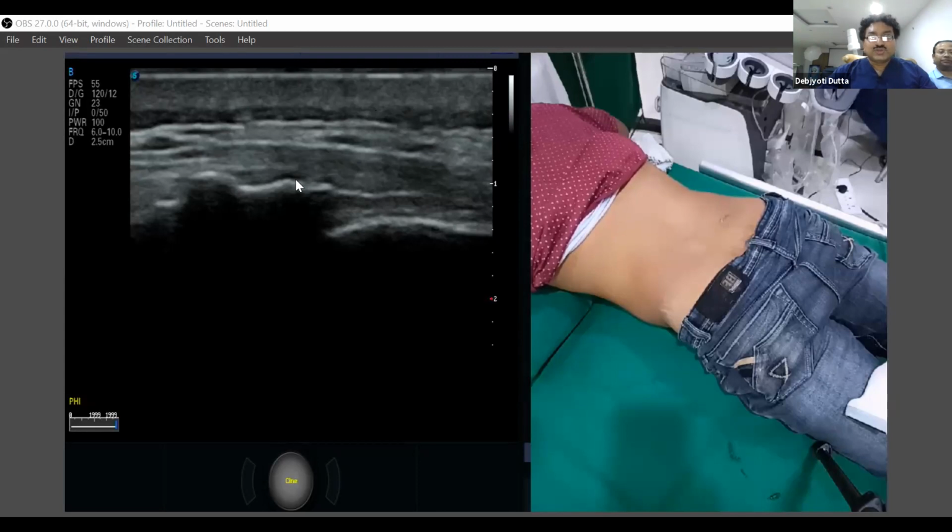So in these procedures, we usually prefer to use a fluoroscope along with ultrasound if there is no contraindication for fluoroscopy for that patient, because ultrasound helps to guide the needle towards the sacral hiatus and past the sacrococcygeal ligament.